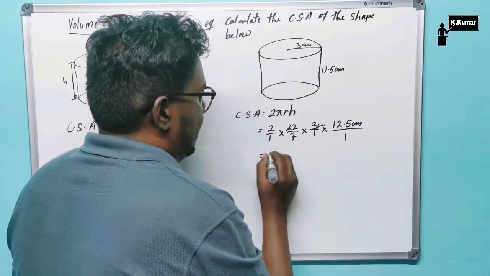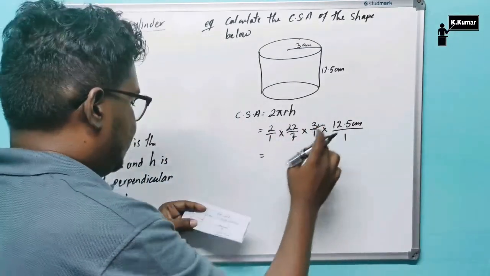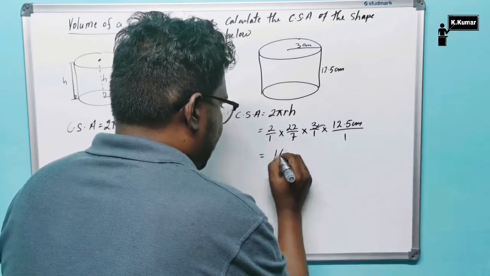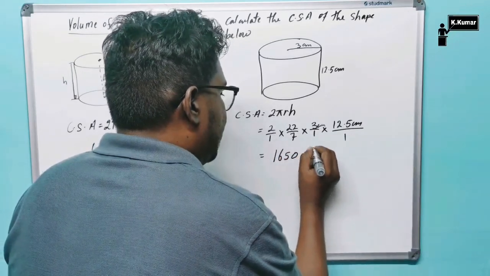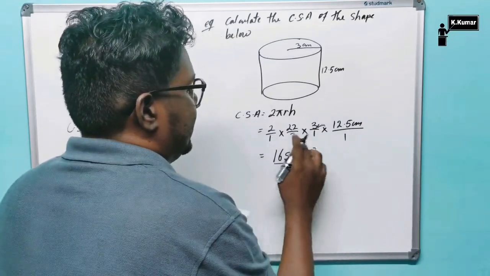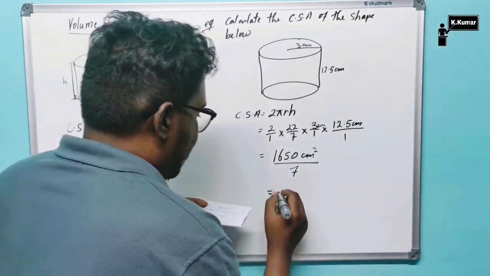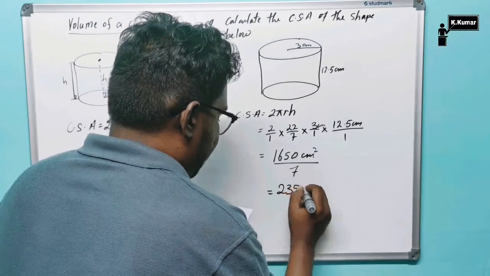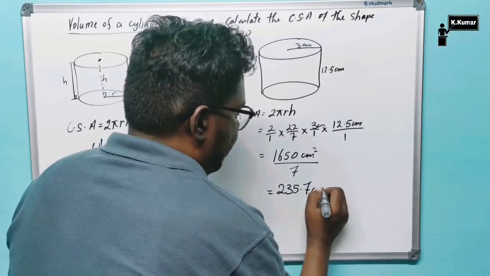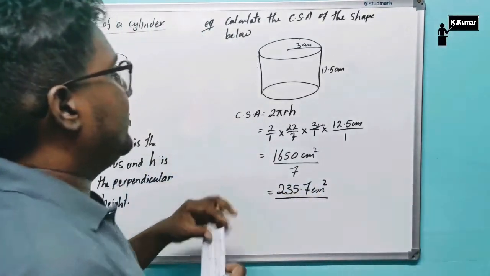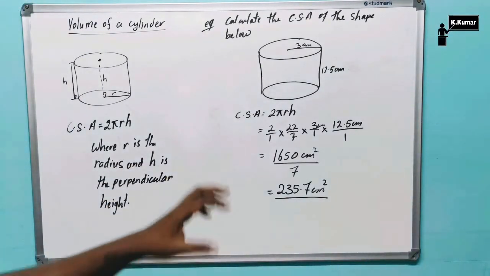So 2 times 22 and 2 times 3 times 12.5 is going to give me 1,650 cm squared, divided by 1 times 7 times 1 times 1 is 7. Dividing it here, I'm going to get 235.7 cm squared. And this is how you find the curved surface area of a cylinder.